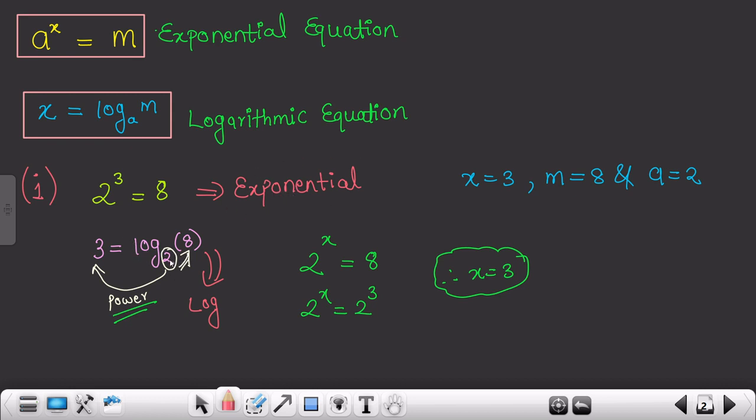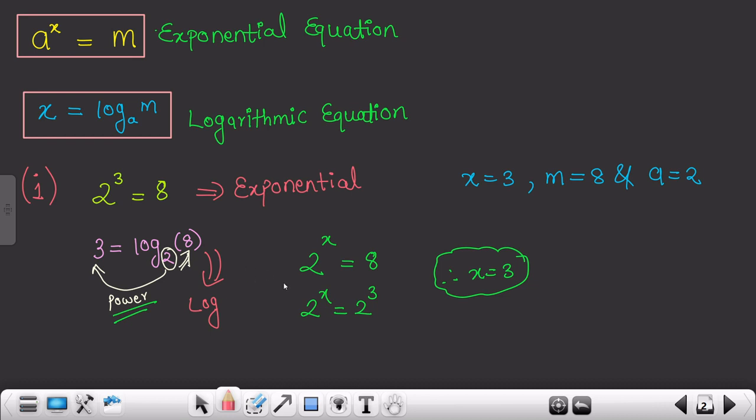Log to the base 2, so this 2 came over here in the base of log, and this is 8 and this is 3. This implies: by what power do we have to raise 2 such that we end up getting 8? We have to raise 2 to 3 so that we end up getting 8, and this is the logarithmic equation.